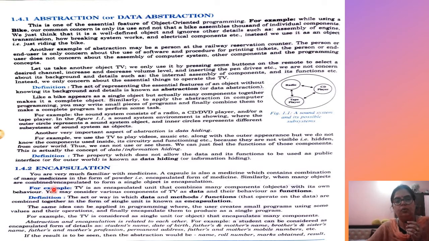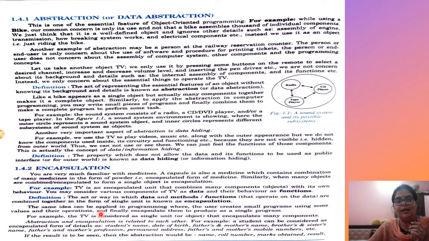Now, what is encapsulation? Encapsulation means you are very much familiar with medicines. A capsule is also a medicine which contains a combination of many medicines in the form of powder. Like that is encapsulation: many objects are combined with each other in a single object.